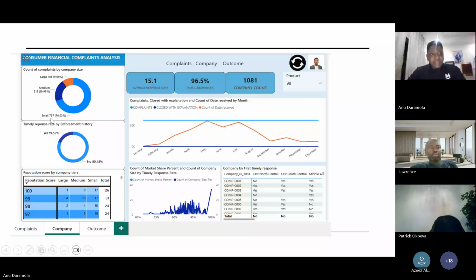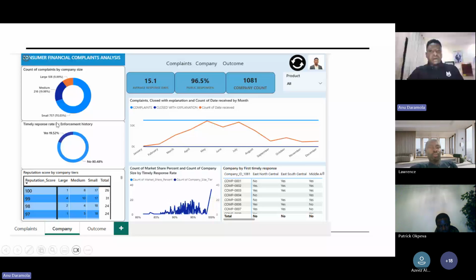The smaller firm had approximately 70% of the complaint volume, followed by the medium-sized, then the large. This goes to show that the structure that the smaller firms have built are still not sufficient to enhance their service rate, and they probably need to do more to be in a position to serve the customer better.